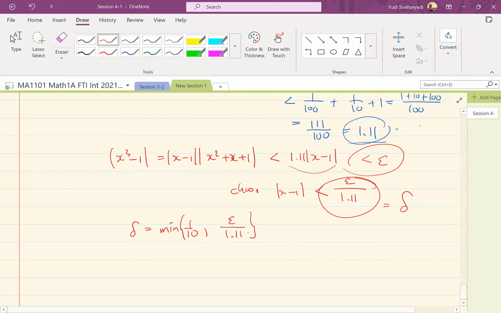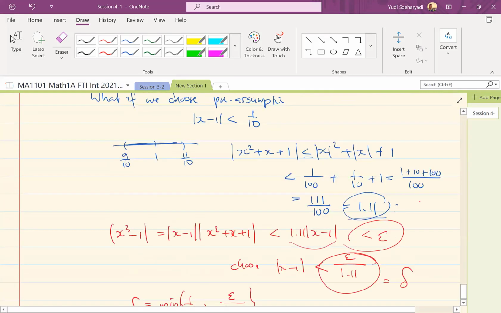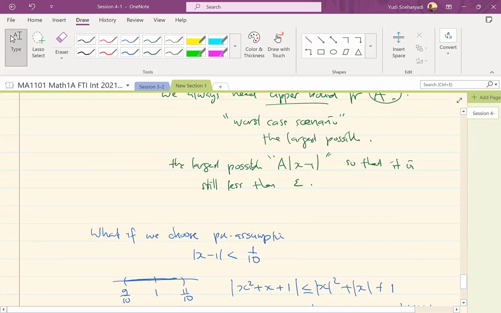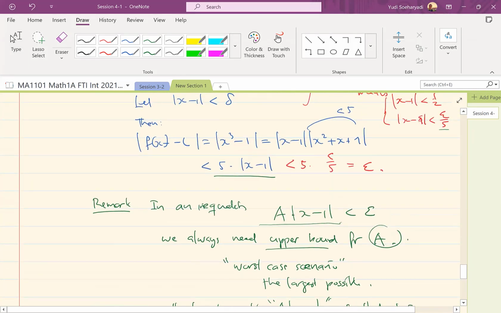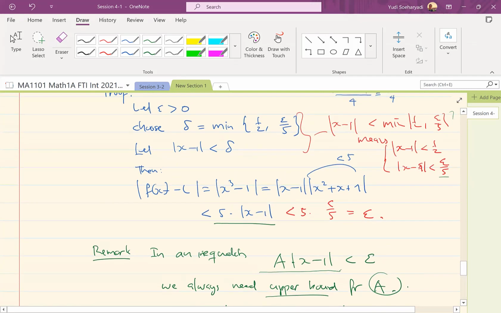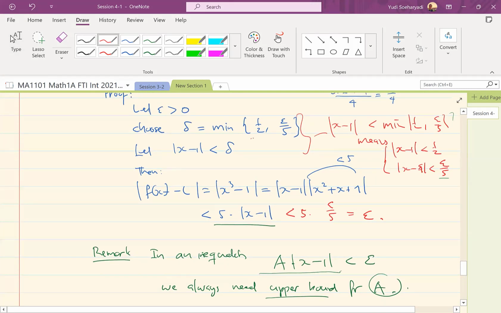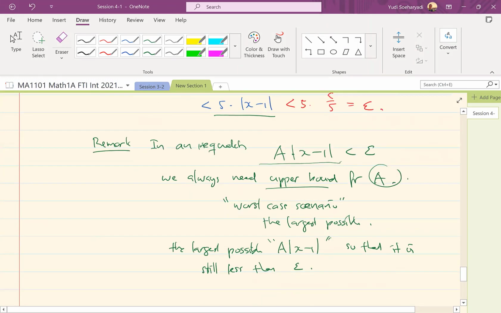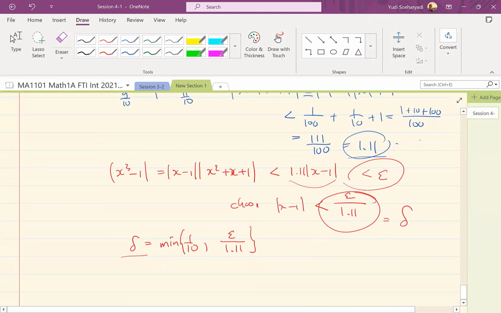Okay. Now, the question is, which one's better? This choice of delta, or this one, 1/2, 1, which is smaller? This delta, the previous one, the first one, or the second one?